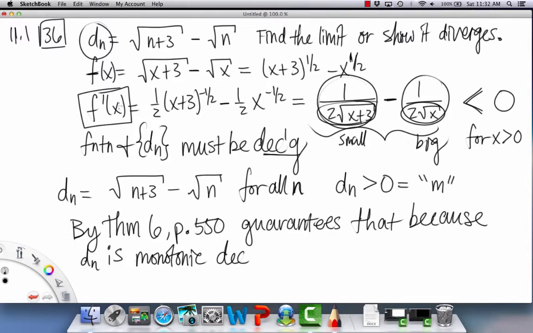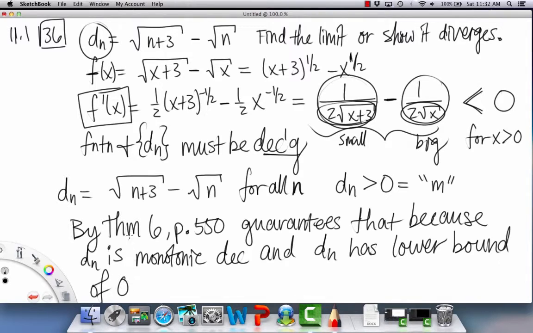We proved that with the first derivative being negative, and d sub n has a lower bound, which we proved in the second part, of 0 technically, then, our big then, the limit as n goes to infinity of the sequence equals some big L exists.